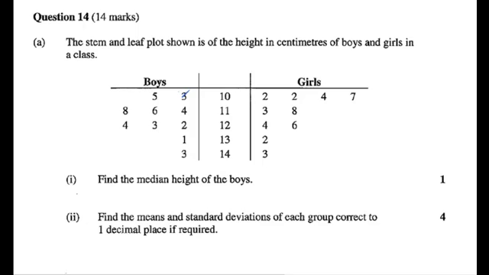So this is 1, 2, 3, 4, 5, and this is 6. So the middle two numbers are actually 118 and 122. Alright, so halfway between 118 and 122 is 120.